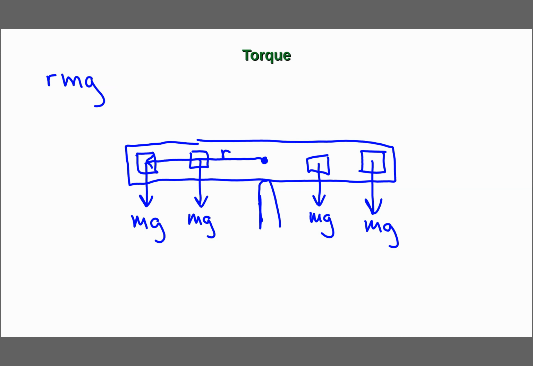And this one is, say, if we had a coordinate system like this, minus r times minus mg, so it's positive. On the other side over here, we have r, and now we have a positive r and a minus mg, so we get a minus r mg. And these torques, of course, the positive one gives us a torque counterclockwise, so using our right-hand rule in the positive direction, okay?